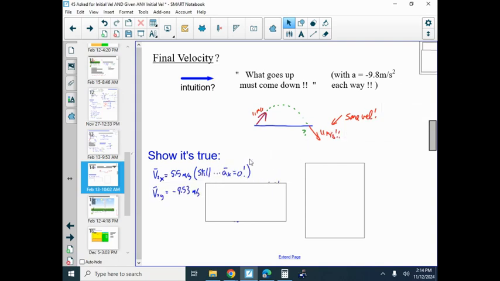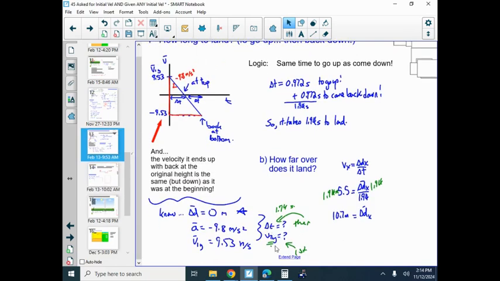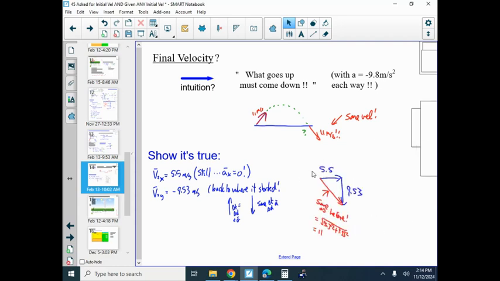The vertical velocity, in this process here, we would have got negative 9.53 as an answer, right? And so if we look at the 5.5 and the 9.53, notice that we really just have the same x and y components, right? And if we did the Pythagorean theorem stuff, we'd find that we have the 11.